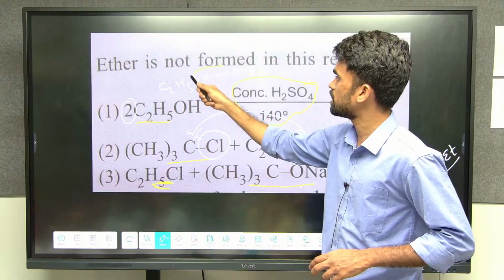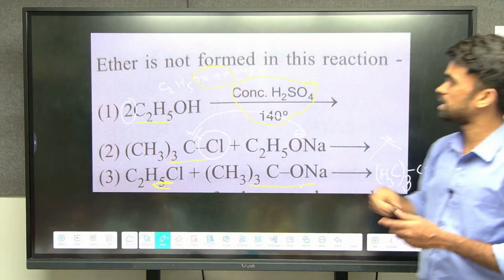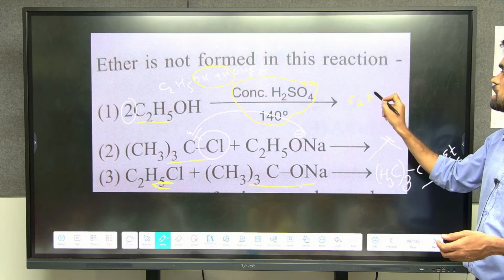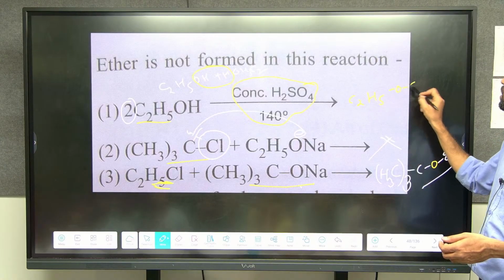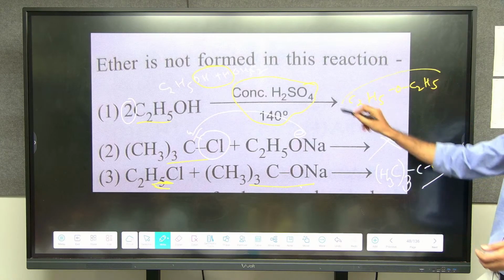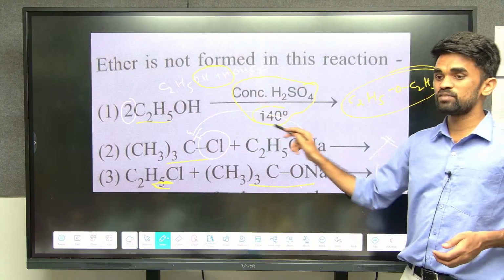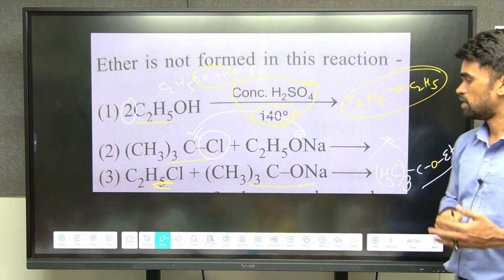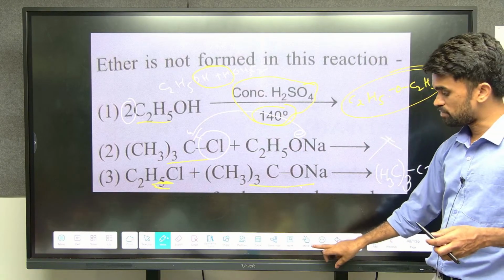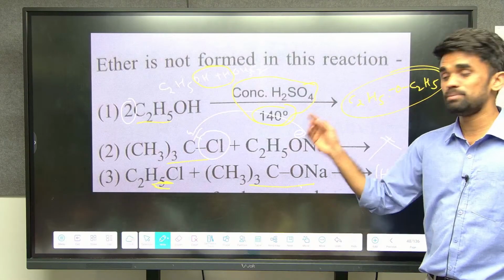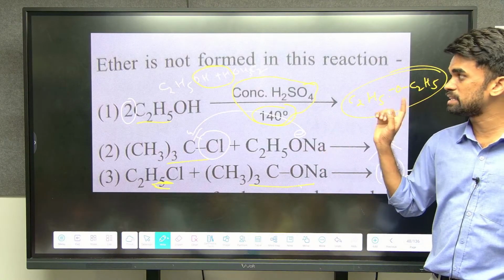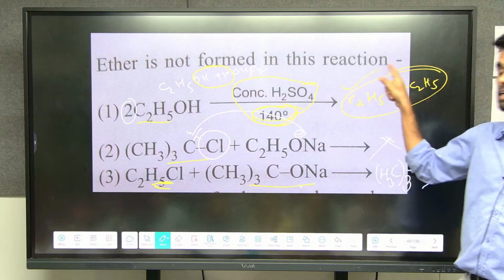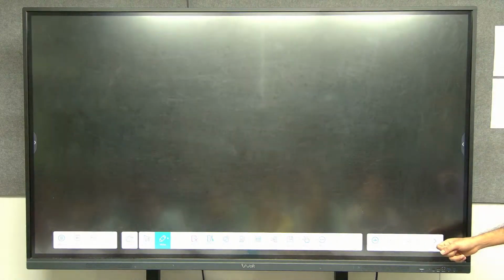Remove water from here. What is the remaining thing? C2H5O, C2H5. So ether only. At what degrees will it be? 140. If they give 170 or 180, elimination takes place and you will get ethene. At 140 only you will get ethers. Next. Done.